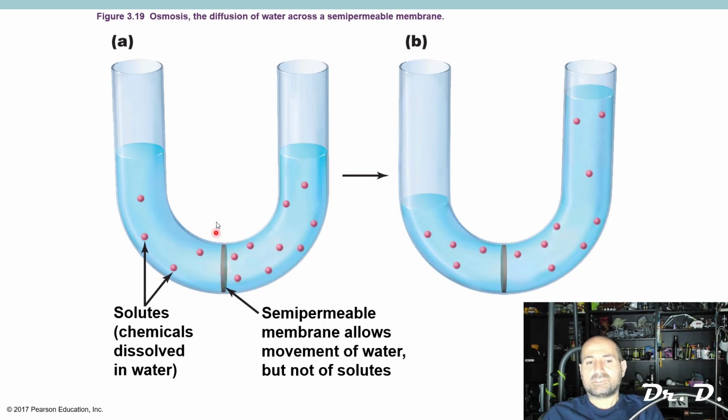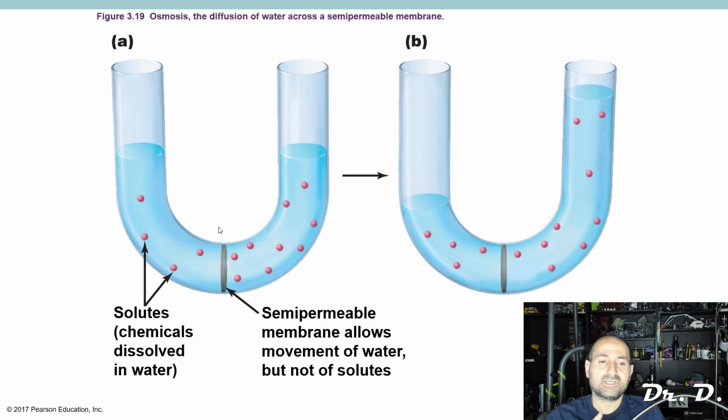Before I explain it, let me remind you what diffusion means. What's the definition of diffusion? Ready? Diffusion is the movement of a substance, and that's spontaneous movement of a substance from high concentration to low.